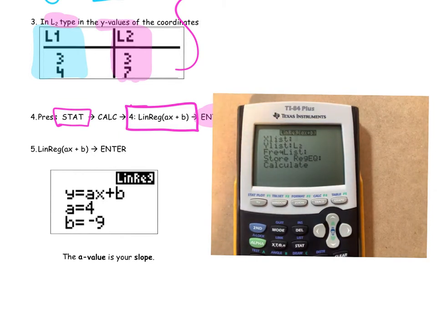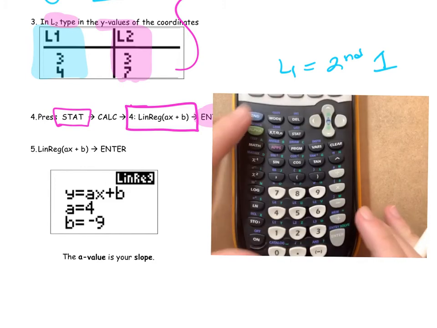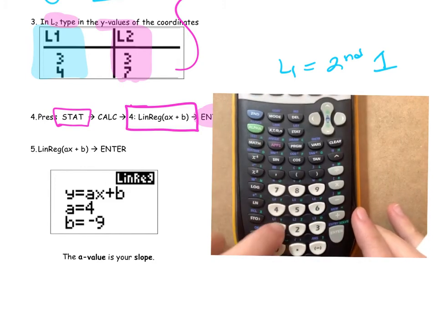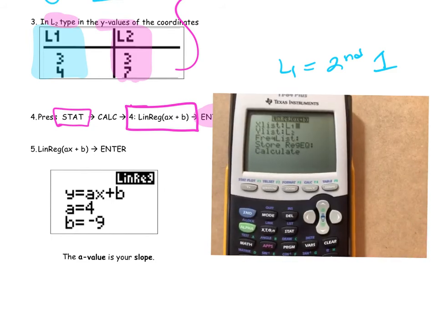If I want to enter in L1 for my X list, you're going to click second 1. I'll do that again. Second 1. There's L1. Enter. Now we want L2.